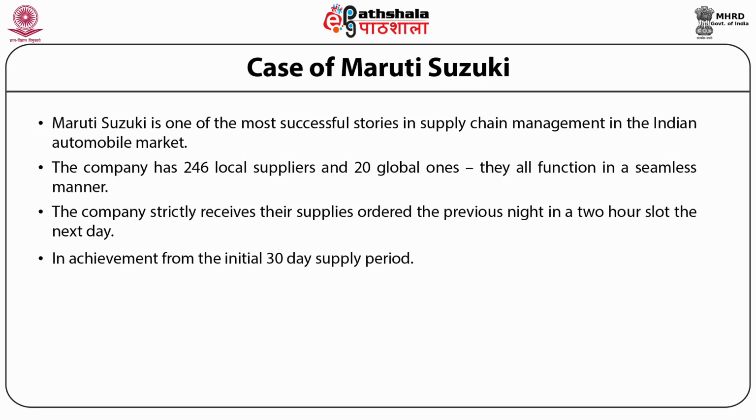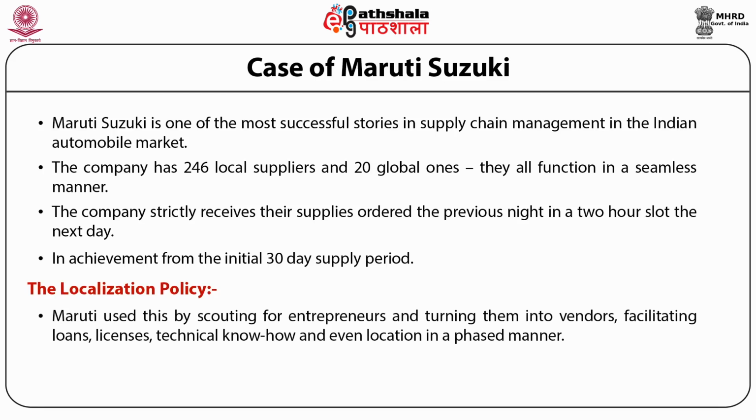While setting up the plant, the government had approved manufacturing only on condition of localization of components. This became the localization policy of Maruti Suzuki. Maruti used this by scouting for entrepreneurs and turning them into vendors, facilitating loans, licenses, technical know-how, and even location in a phased manner.